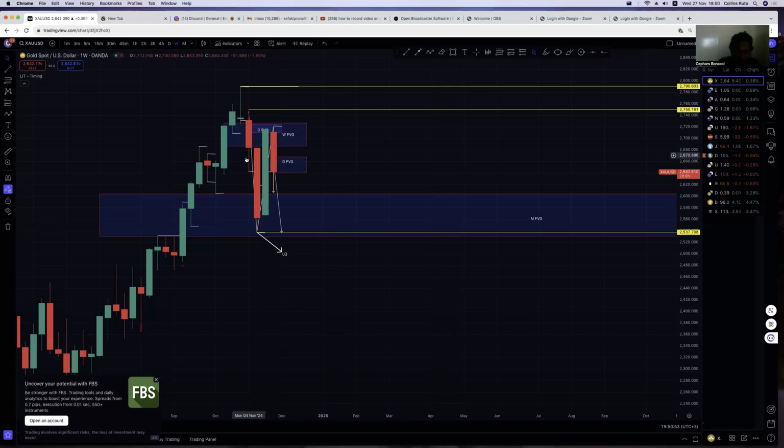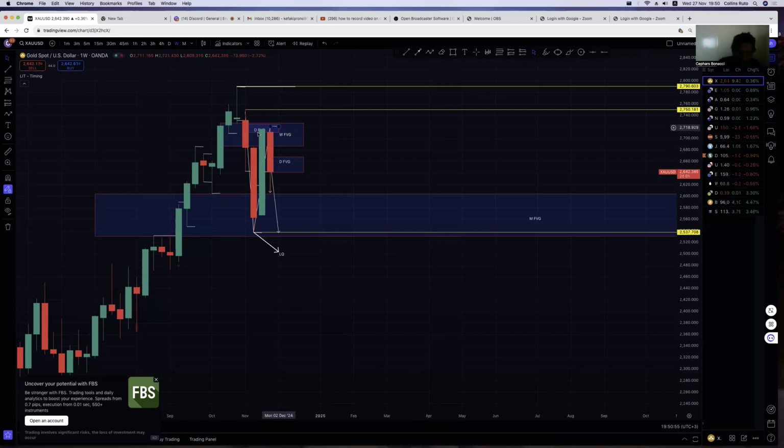For sure, if you see a weekly candle like this, a big candle with momentum that closes without a tail, it means, boom, we are going up.